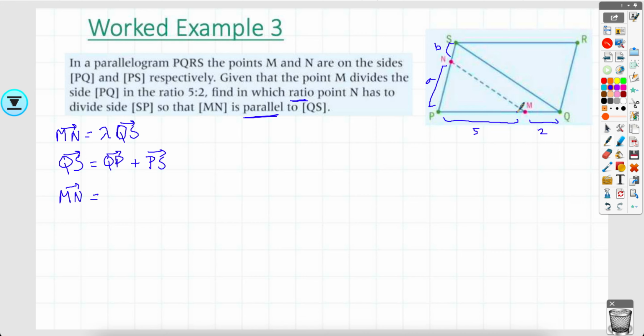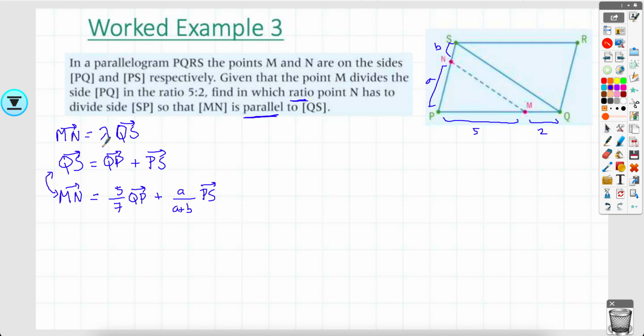MN takes 5 parts of QP, so 5 out of 7 of QP, plus I don't know how much of PS, but I know it's going to be like A over A plus B. Okay, so based on that, in order for MN to be parallel to QS, I needed it to look like a scalar multiple of what is above, which we're close, but the coefficients are not equal.